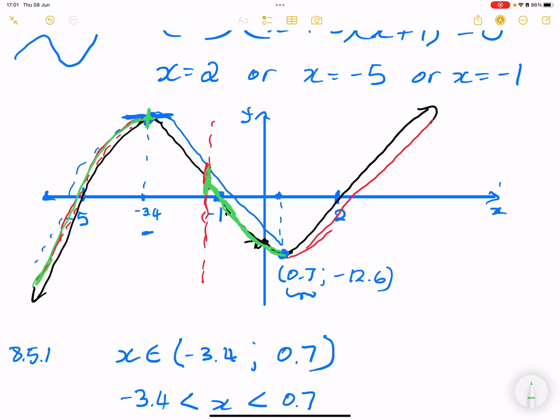So it's decreasing there. Remember, after this turning point, it becomes an increasing function again. So in this case, it means from that point of inflection, which is negative 1.35, all the way up until our turning point, which is 0.7.